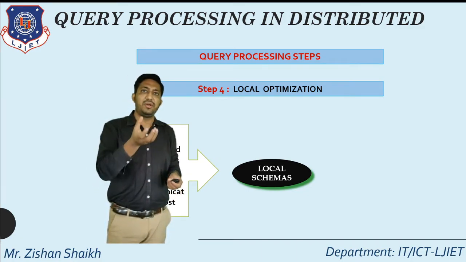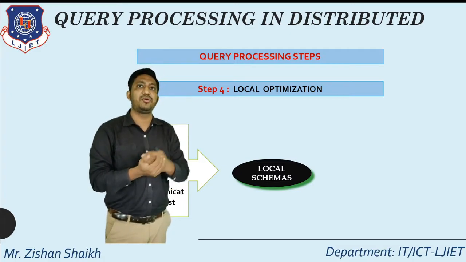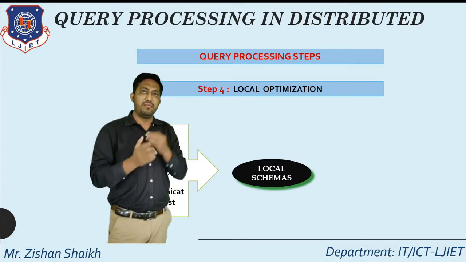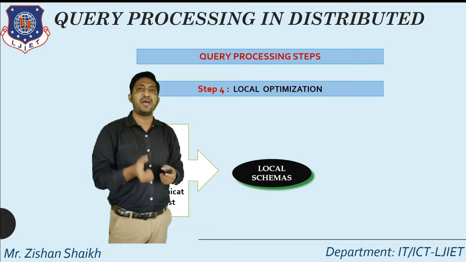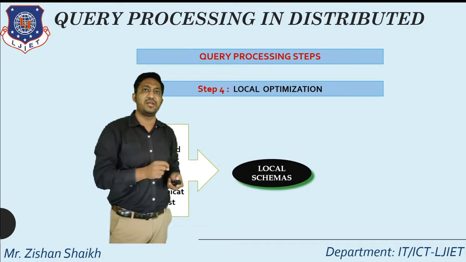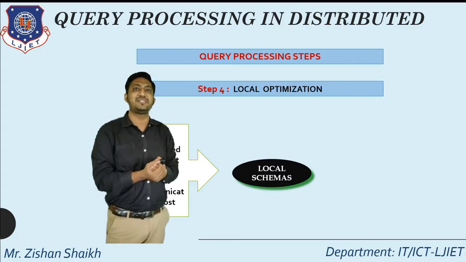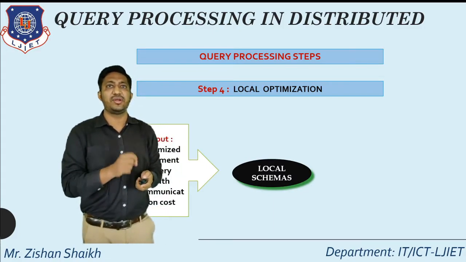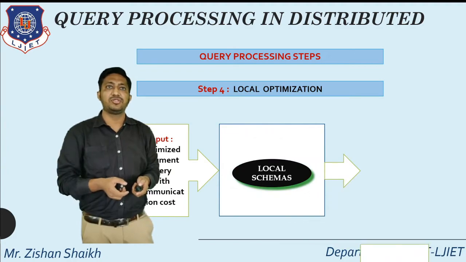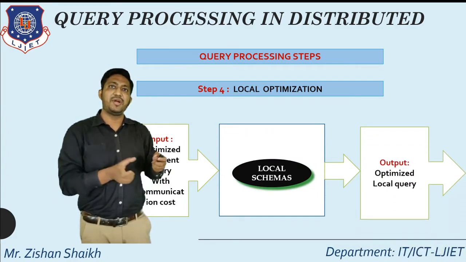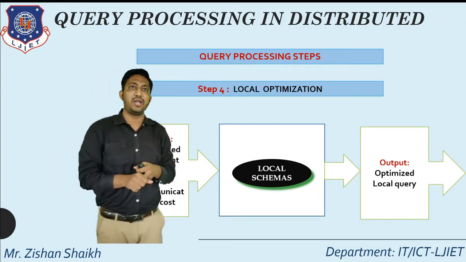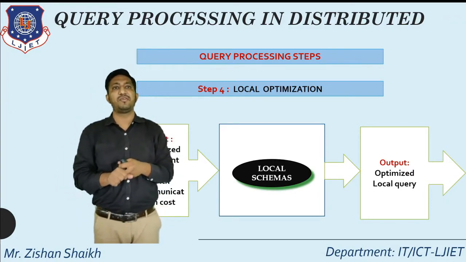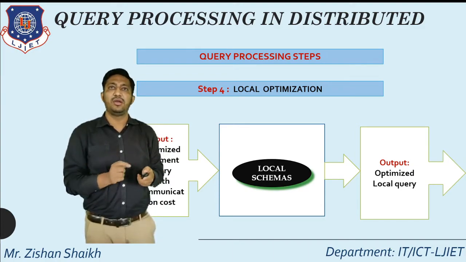For example, a client executes a query from Ahmedabad to Bangalore. The main goal of step 3 is to reach the query to the particular location, Bangalore. But after the query reaches this location, this server or site decides how exactly the query is executed. That is local optimization. It is up to that particular location how exactly the query is executed from the number of alternatives. So after performing step number 4, we are getting the optimized local query.